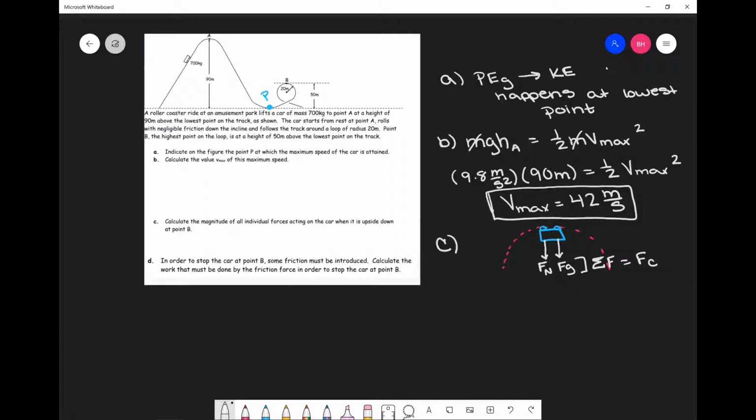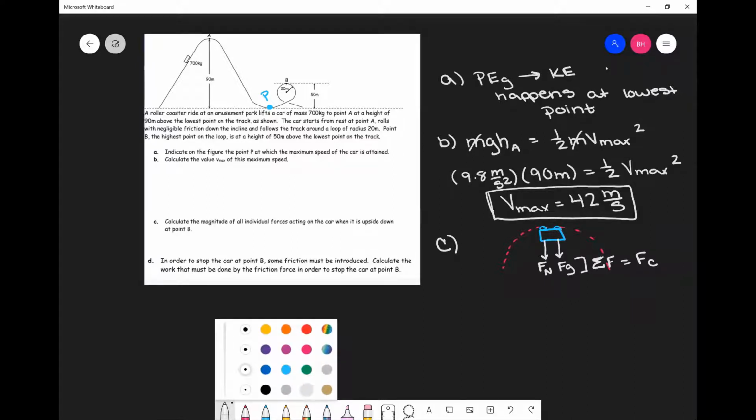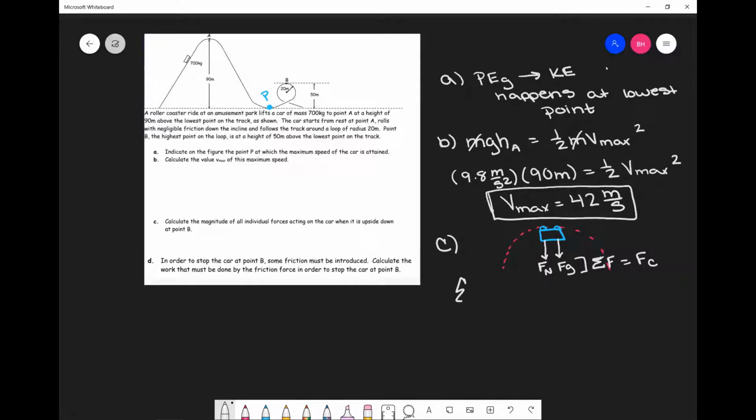So let's think about our equations. Fc is equal to mass times centripetal acceleration.